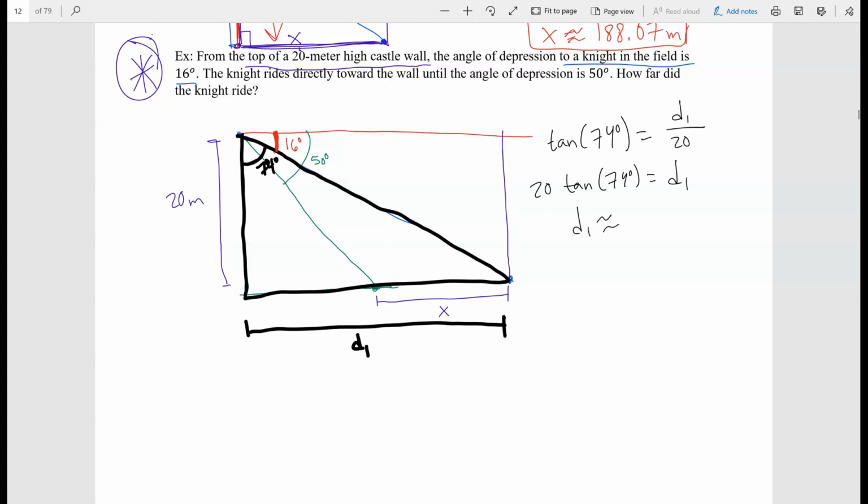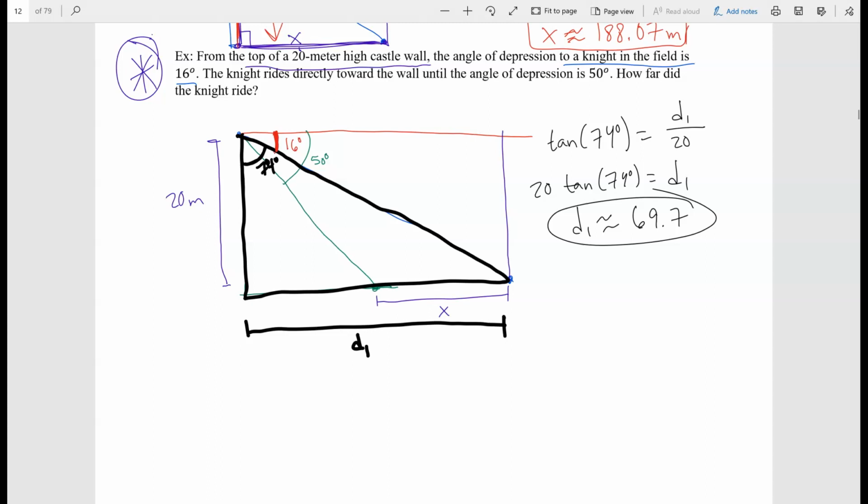So D1, which is that big distance, is going to be 20 times the tangent of 74 degrees, that's going to give me 69.7. So D1 is going to be 69.7. All right, so I got that guy.